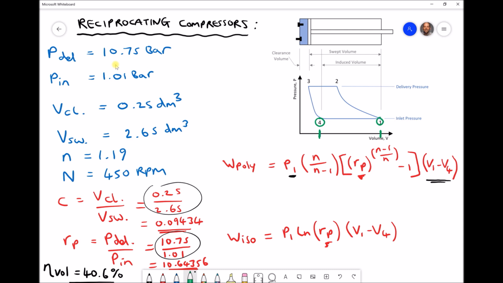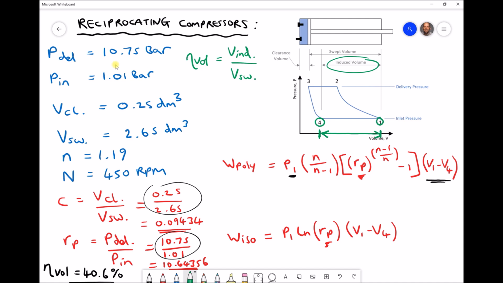And as we can see, this distance, or the difference, V1 minus V4, is actually referred to as our induced volume. So we have another formula that's useful here for the volumetric efficiency, because the volumetric efficiency can also be found by doing the induced volume over the swept volume.